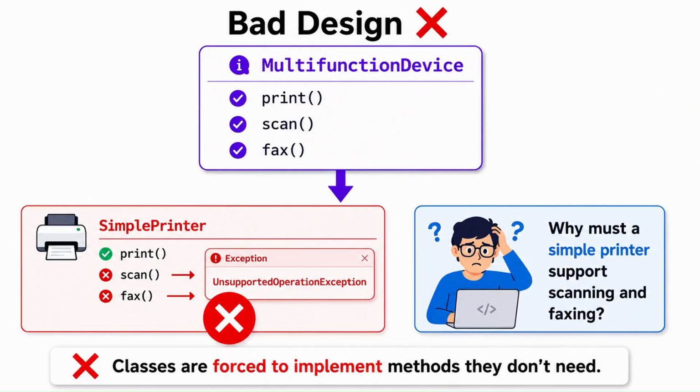All right. So if you see the design over here, this is an interface, MultifunctionDevice, and that includes three methods: print, scan, and fax. By looking at this interface, we see there is nothing wrong in it until a class implements it.